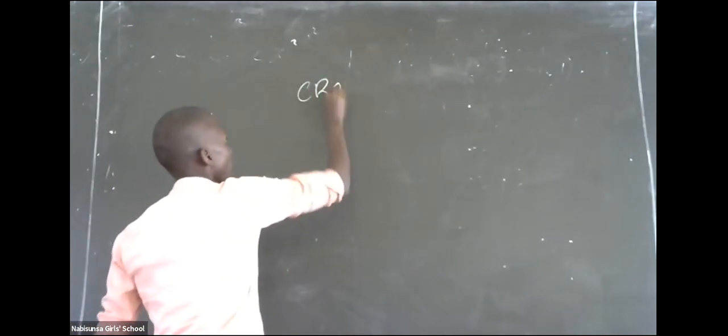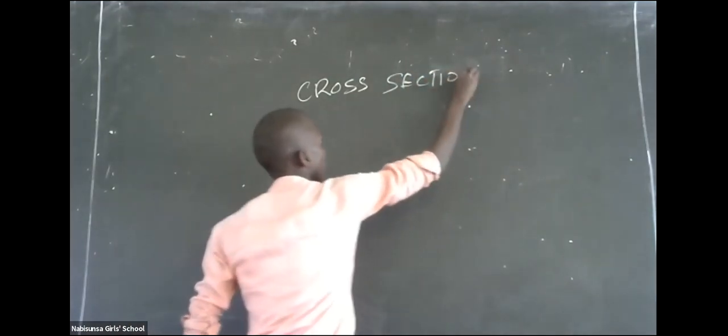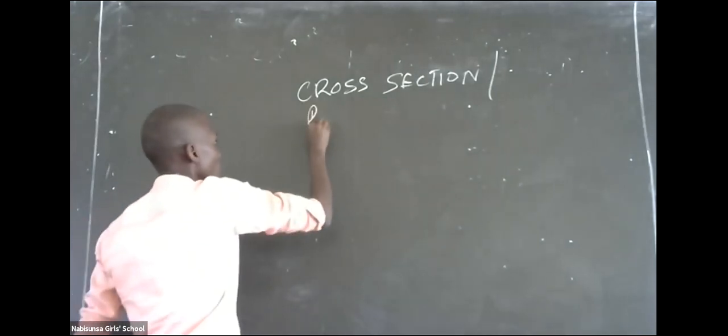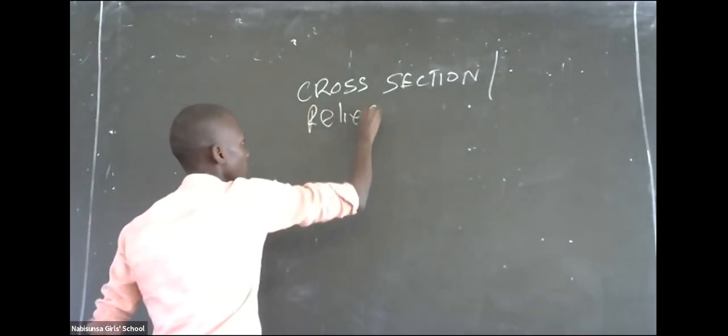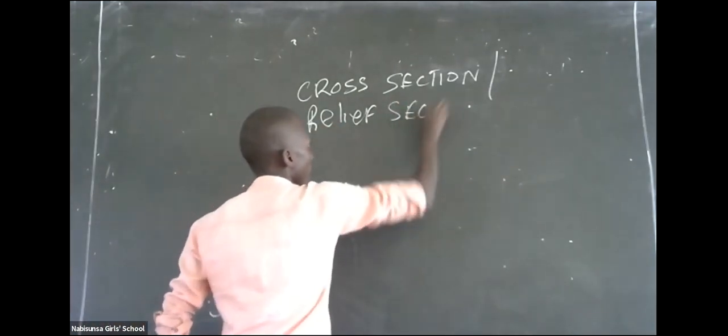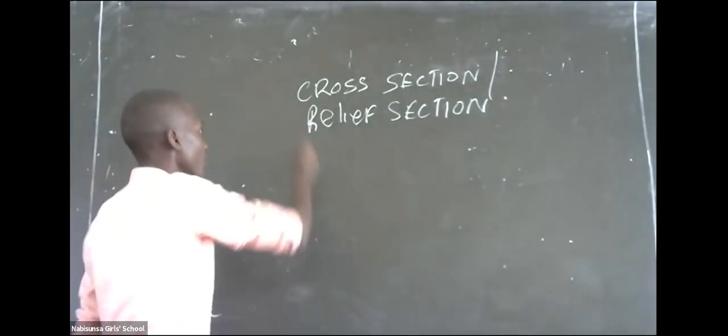Okay, if you don't know, a cross-section is given two names. A cross-section can also be called a relief section. Those are the two names.